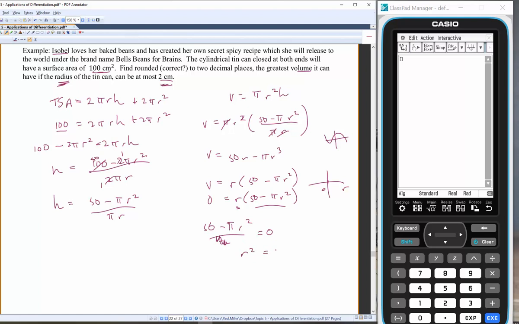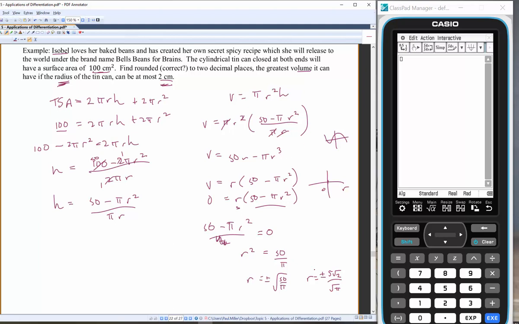R squared equals 50 over pi, and r equals plus or minus root 50 over pi. Root 50 is simply root 25 times root 2, that's 5 root 2 over root pi.